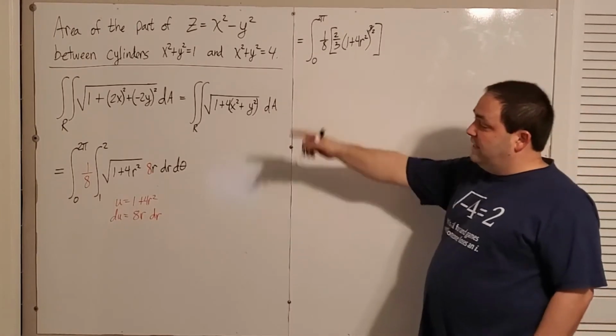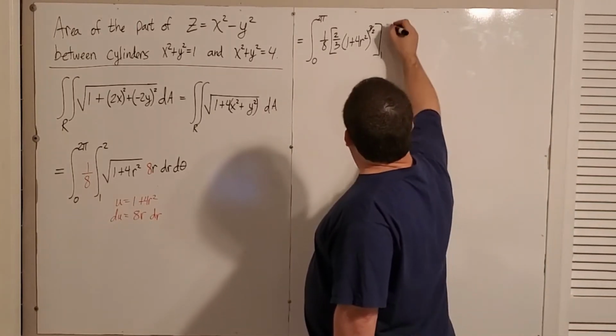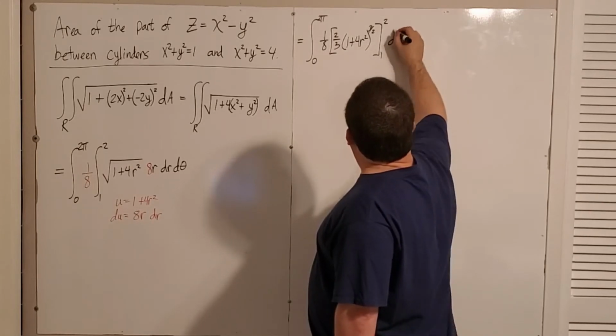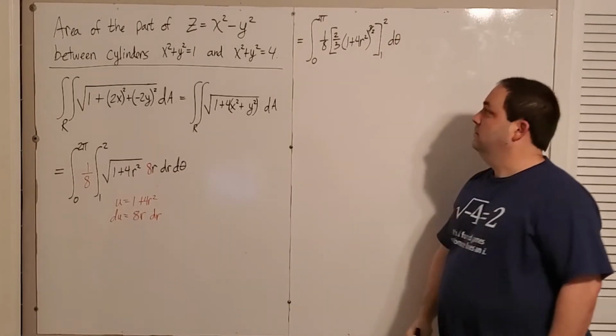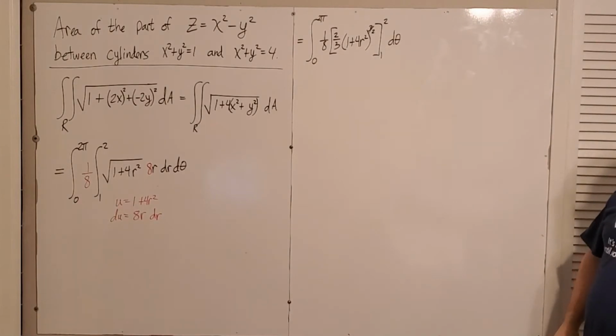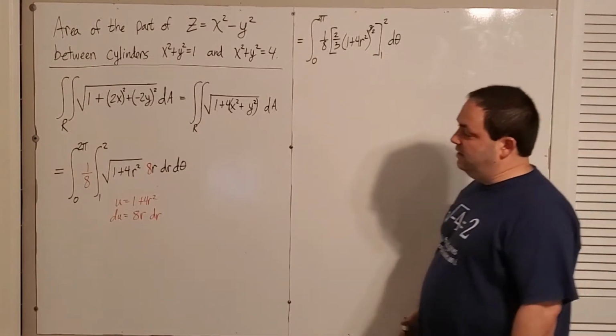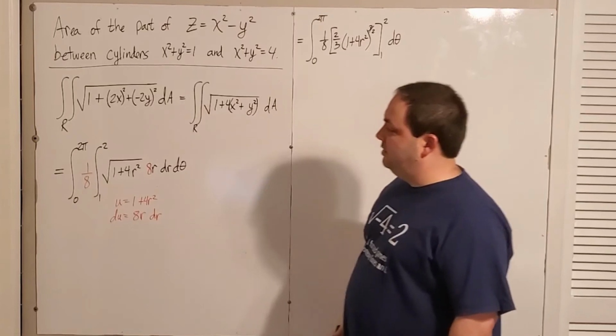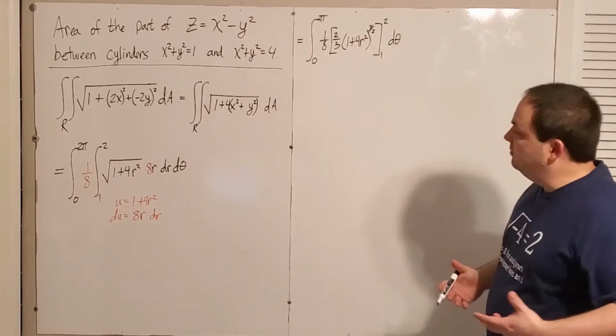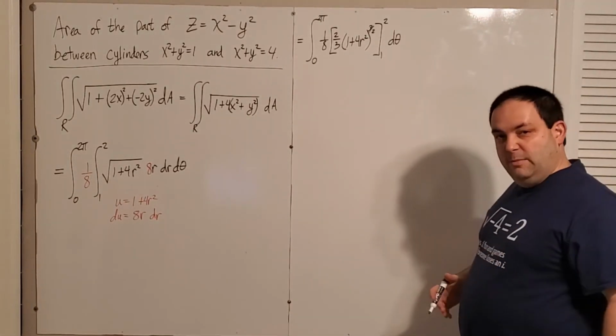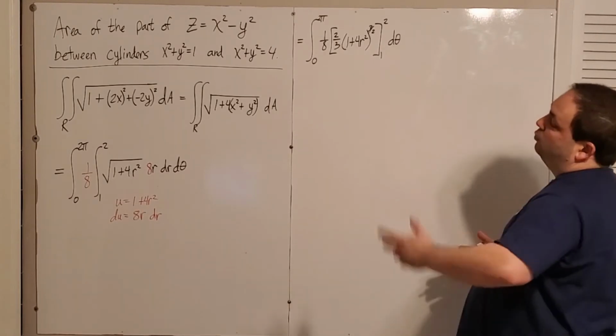And then that's being evaluated from 1 to 2, d theta. And yeah, I know we could have done the d theta as a separate integral because there was no dependence. I'm really just working the pieces as I see them this time. It really doesn't matter which way you do it in this case.